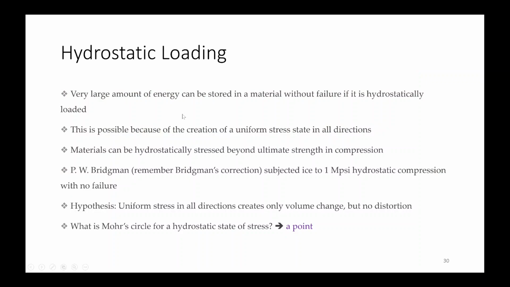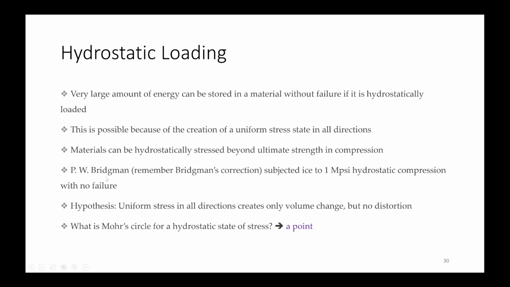Now, as I told earlier, hydrostatic type of loading. A very large amount of energy can be stored in a material without failure if it is of hydrostatic type of loading. This is possible because of the creation of a uniform stress state in all directions. So, materials can be hydrostatically stressed beyond ultimate strength in compression.